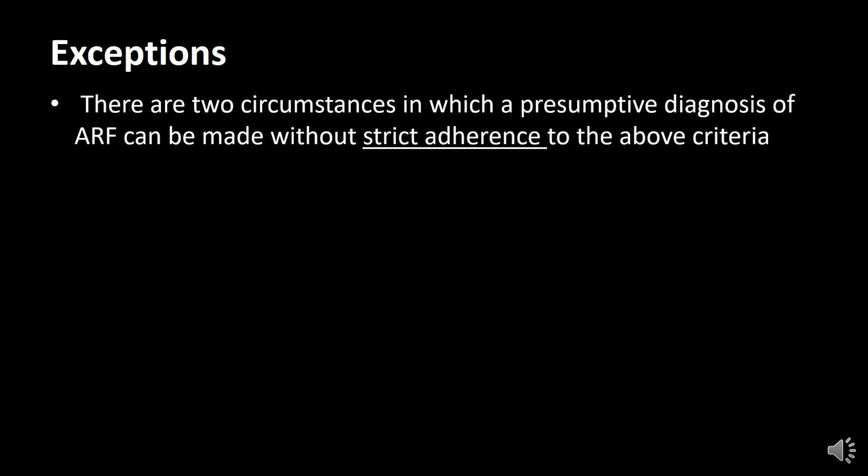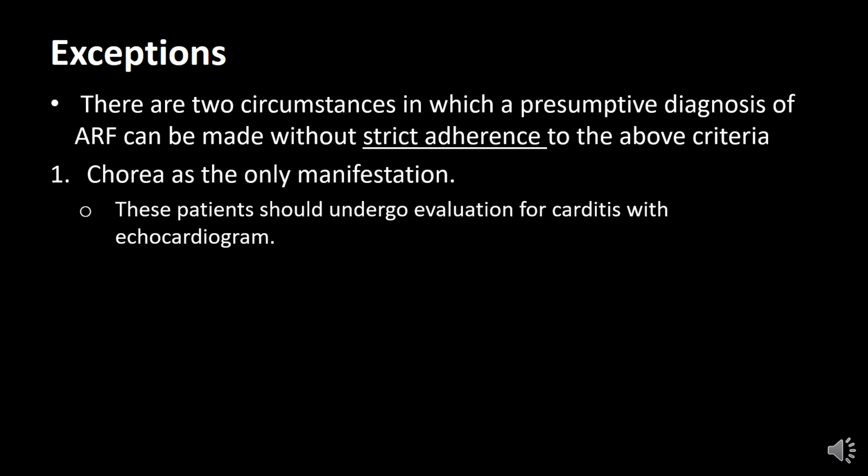However, we have a few exceptions to that criteria. The first one is in a situation where a child presents with chorea only. A child may not fit the criteria, as we have said, that it has to be two major and evidence of streptococcal infection, or one major, two minor and evidence of streptococcal infection.